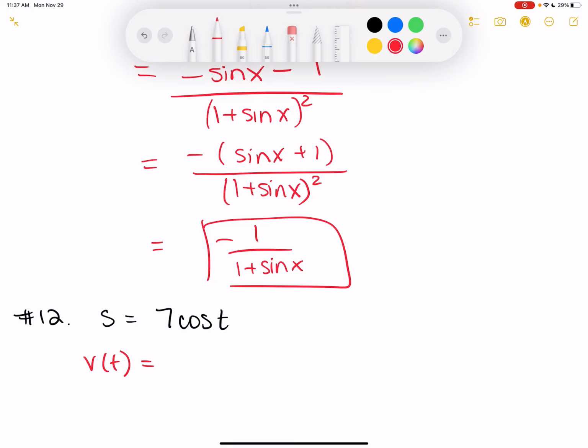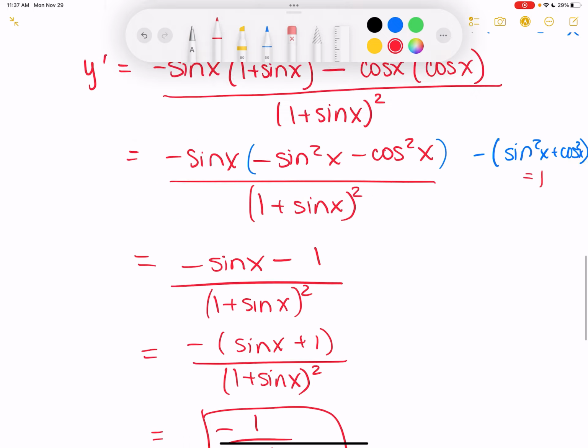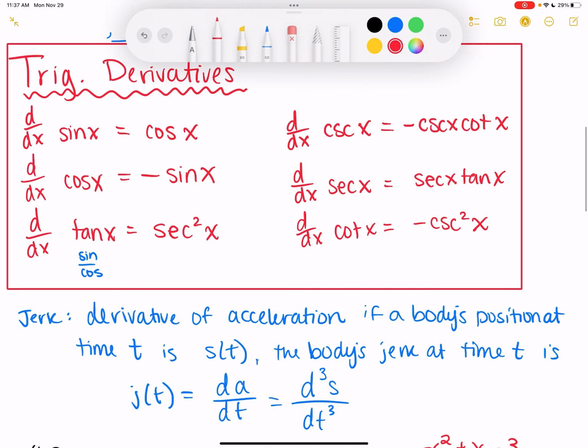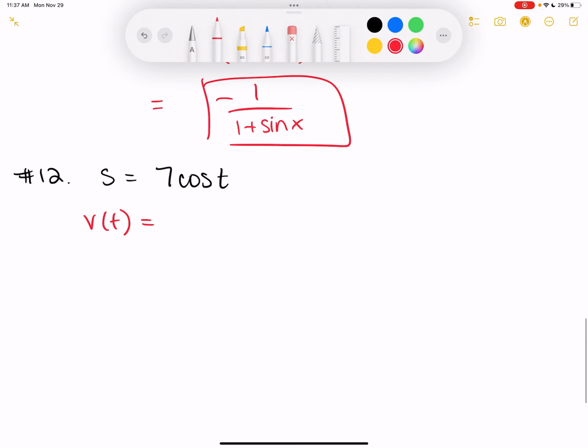What's the derivative of cosine? Negative sine, and I have the 7, so it's just going to be negative 7 sine of t.